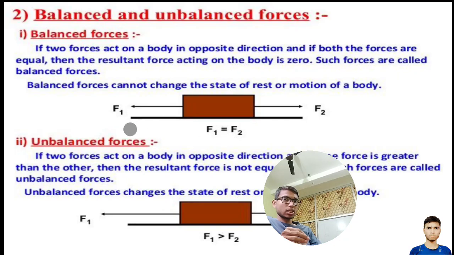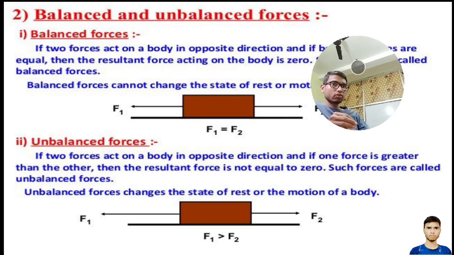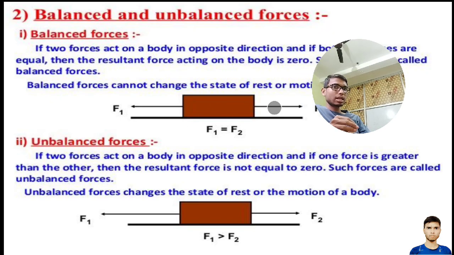Okay, it is done. Now next we have unbalanced force. In the discussion of unbalanced force, on one side, let's say the number of newtons is 26, and on the other side the amount of newtons is 36.